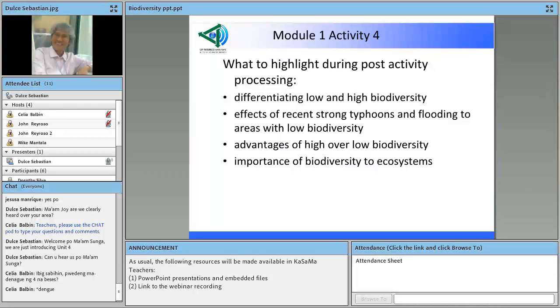With the recent typhoons and floodings, they will realize through the questions in the activity the effects of strong typhoons or disasters to areas with low biodiversity. Then they will conclude that there are advantages of high biodiversity over low biodiversity, and of course, they will realize the importance of biodiversity to ecosystems.